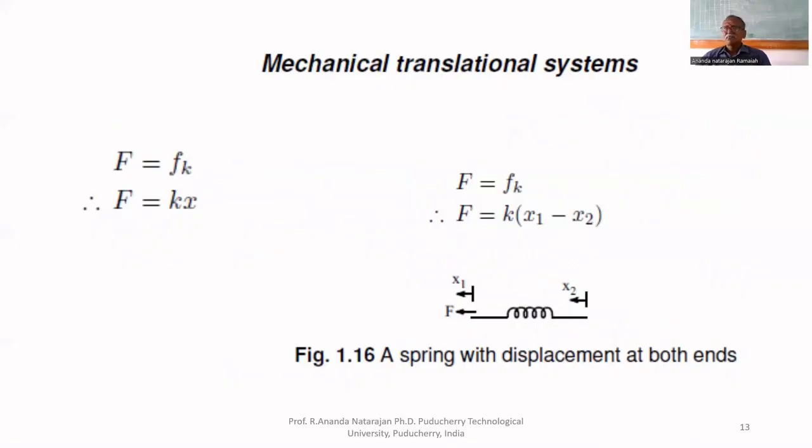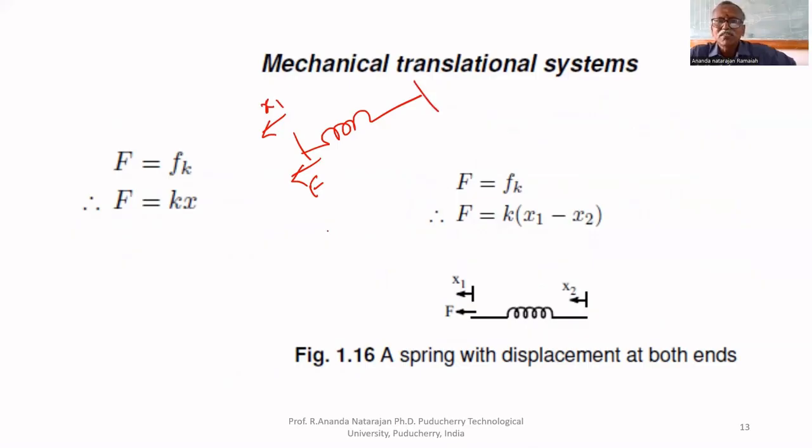In the previous case, what we have seen is one end fixed. Now, what will happen if both ends are free? At this end, I am applying a force of F. This end displaces a distance of x1, and the other end, if fixed, has zero displacement.